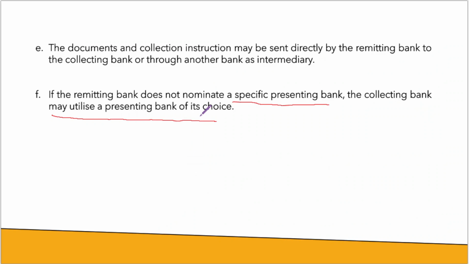Here in subsection F, you're talking about selecting or nominating a presenting bank. If the remitting bank doesn't nominate a specific presenting bank, then the right moves to the collecting bank to choose, of its choice, a presenting bank to make the presentation.